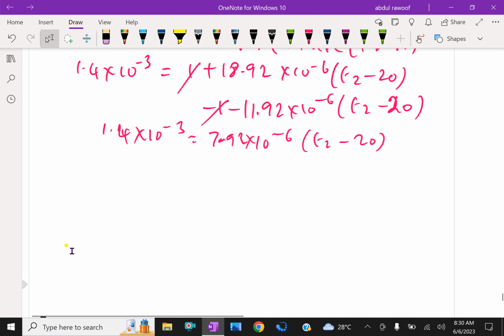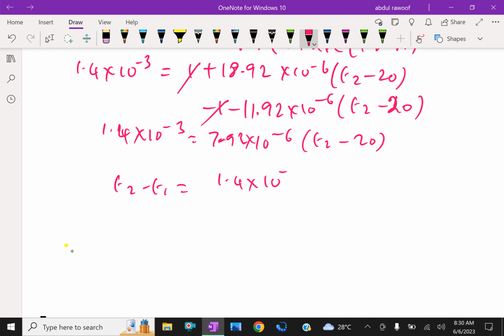This gives T2 minus T1 equals 1.4 into 10 raised to minus 3 over 7 into 10 power minus 6, which gives 200.